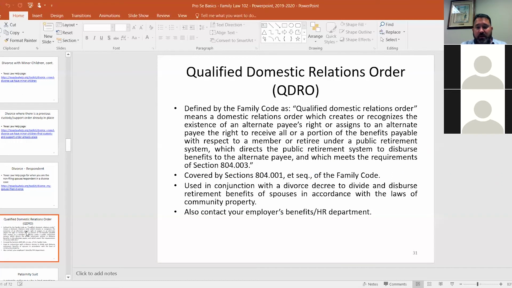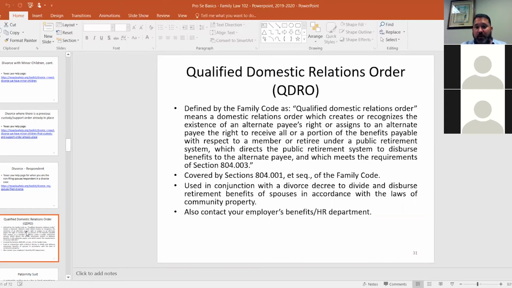When people are getting divorced and there is a pension involved, community property law essentially is, the default is that people who are married, things that are earned by either party during the marriage and acquired during the marriage are presumed to be community property, obviously with some exceptions, and then how that is divided up.